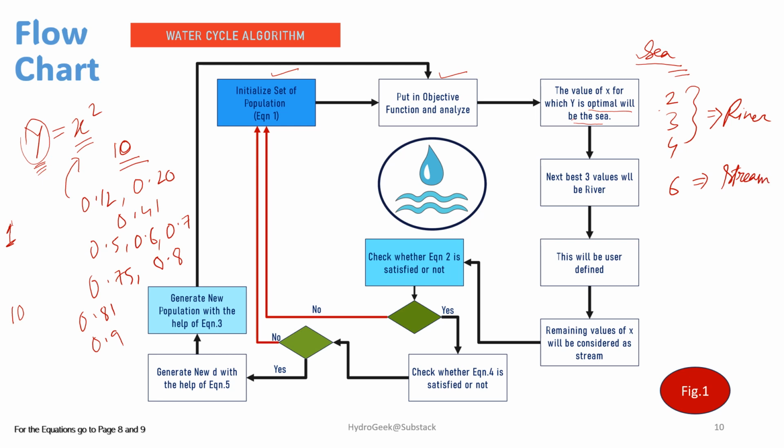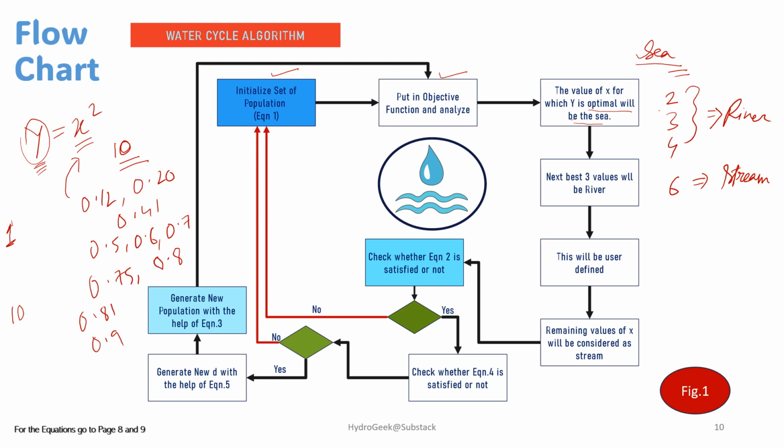Now the number of rivers, please note down, will be user defined. I have used 3 here, you can use 4, or someone else can use 5. That depends upon the user. But please note that the more rivers, the more complex the algorithm will be and the more time it will take.